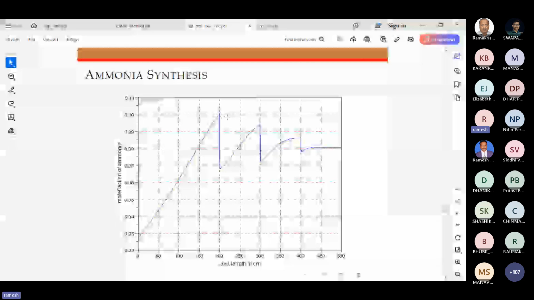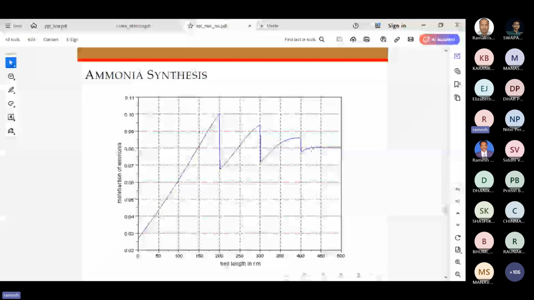At the end of the first bed, the mole fraction falls suddenly because you are feeding the quench stream, the feed stream again, which contains less ammonia. So it falls. Again, through the second bed it rises because reaction has taken place. Again it falls, third bed, and finally the fourth bed, like that.